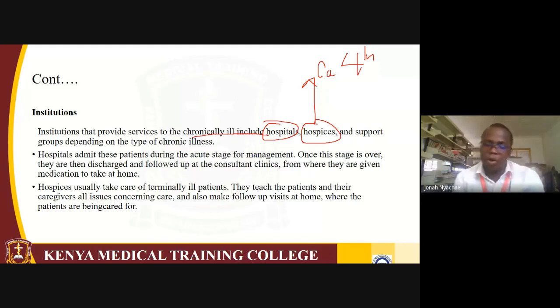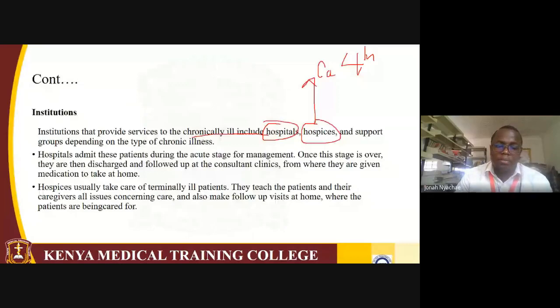So we send them to hospice where they can take care of their pain, talk to them, and support them through the journey to death, because that is the ultimate outcome. So they have a peaceful death and also a pain-free quality life.